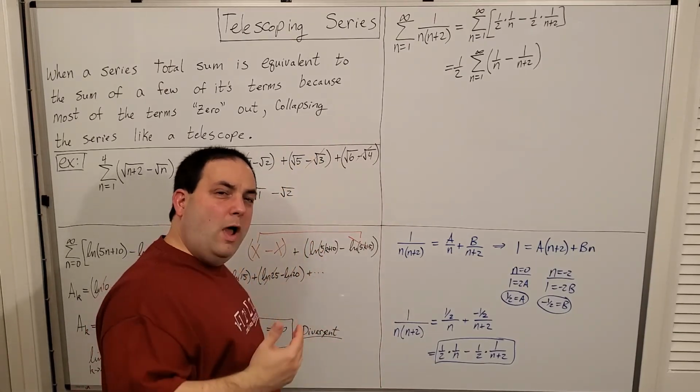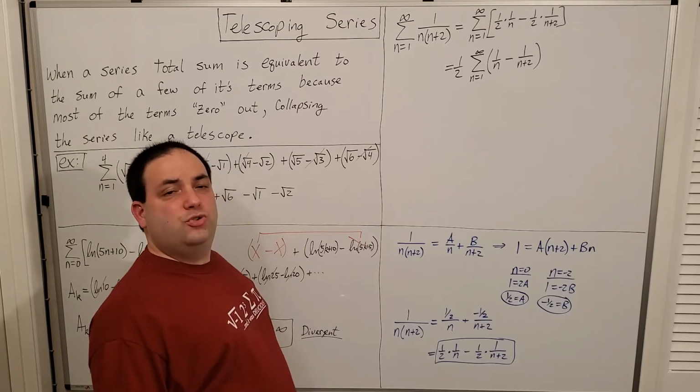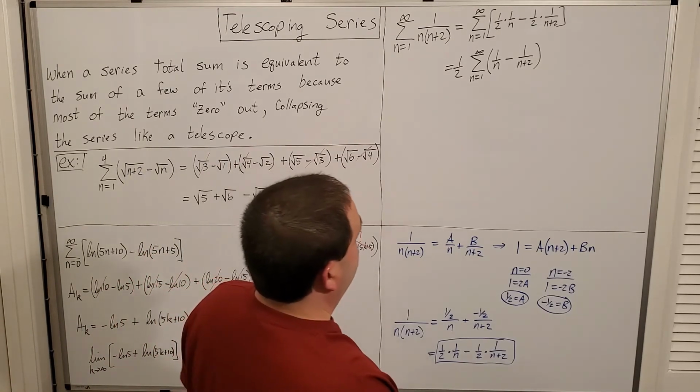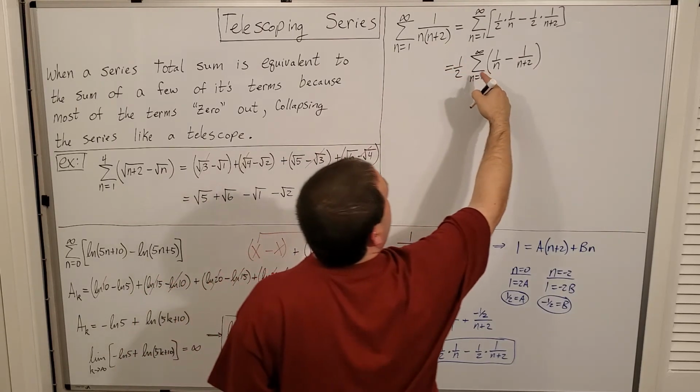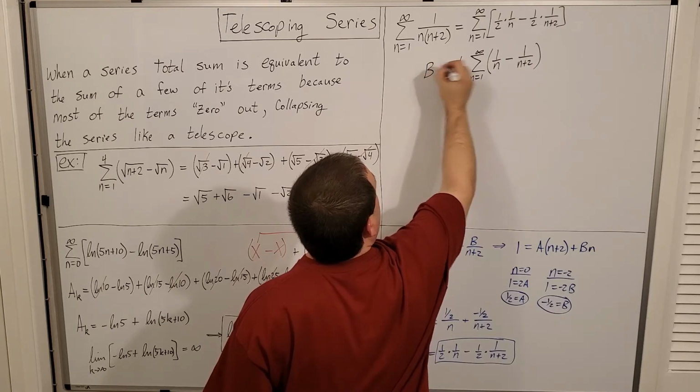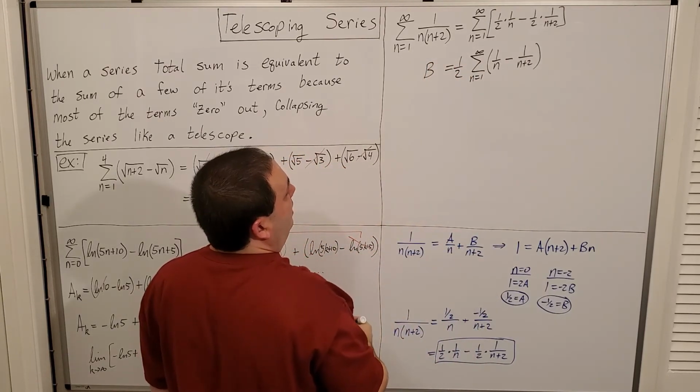Okay, so let's write out a generic partial sum to see what happens. The generic partial sum, let's say that I let this series equal something like b. I'll use capital B this time since we've been using a lot.